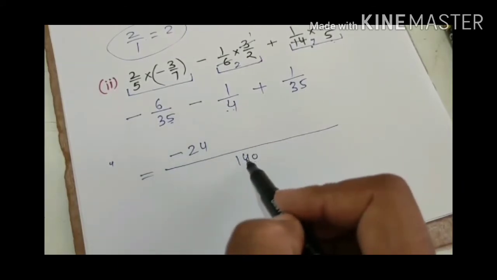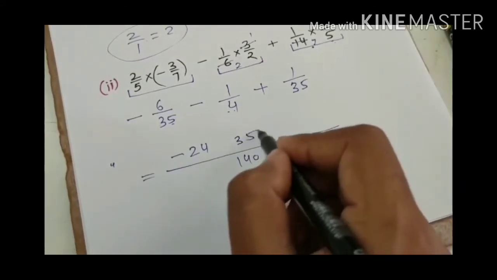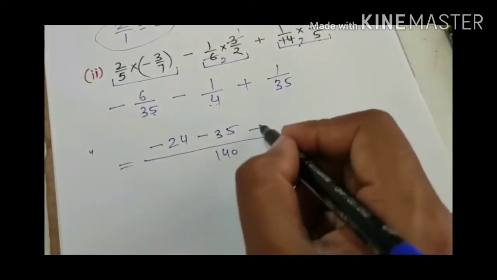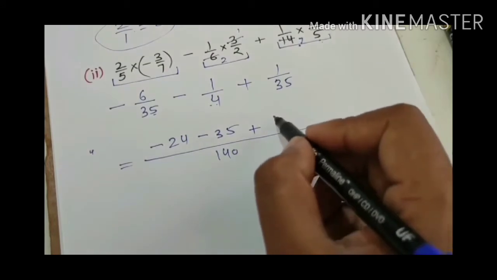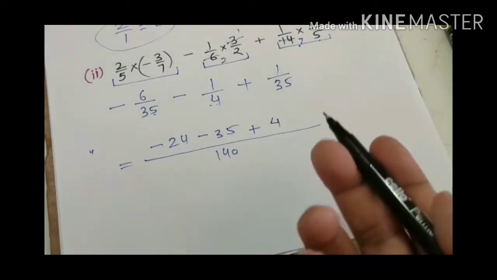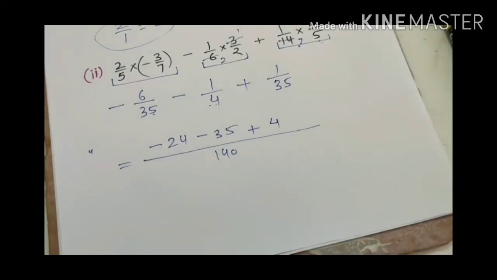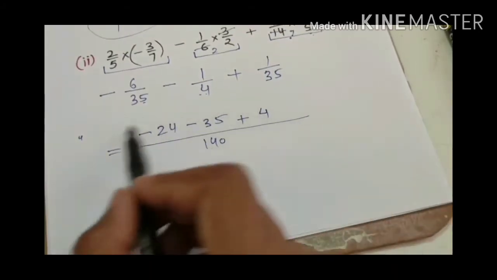Again 4 35s are 140, the minus is there. Again 5 and 35. 4 1s are 4. Done. Now let's go for the simplification.